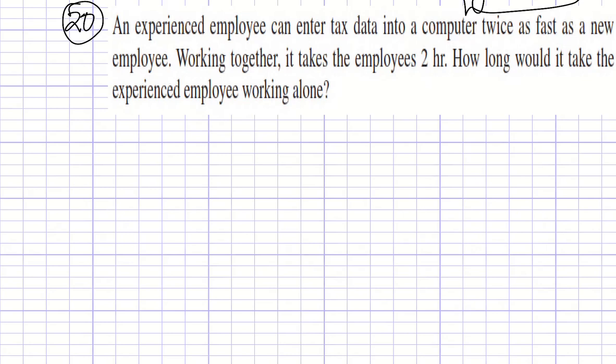Okay, so we know we got x and we got y in there. Remember, t is equal to x times y over x plus y. So you gotta manipulate the stuff, man. That's all. T is the working together.